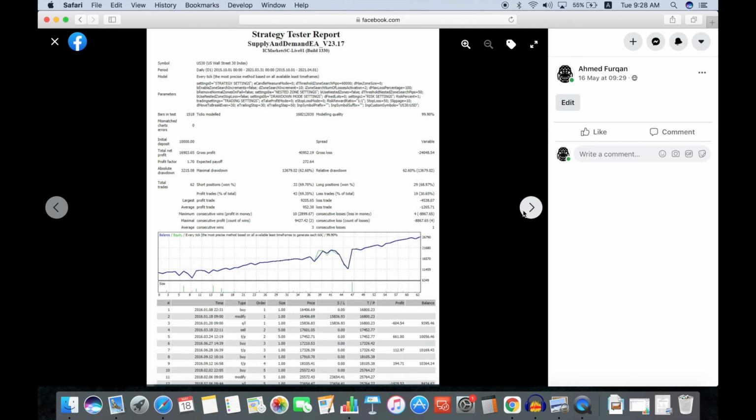Now this is US 30. As you can see, the maximum drawdown is 62%, and the backtest is pretty reliable. It's from 2015, but the amount of profit is 16,903, which is pretty huge. So in order to book this profit, you need to sustain this drawdown. So that's how you are going to select the pairs. You have to see your risk appetite.